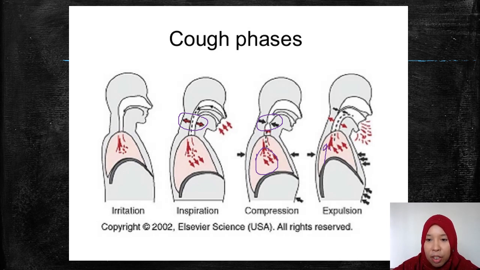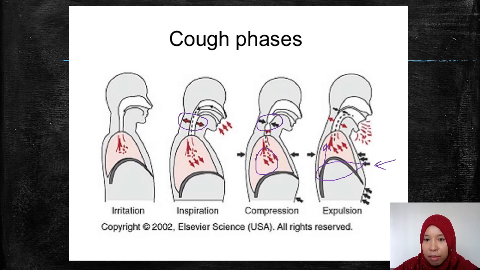you have the contraction of the abdominal muscle walls and also the diaphragm. So this is the diaphragm, and the abdominal muscle wall is right here. Contraction of both of these muscles will force air out.